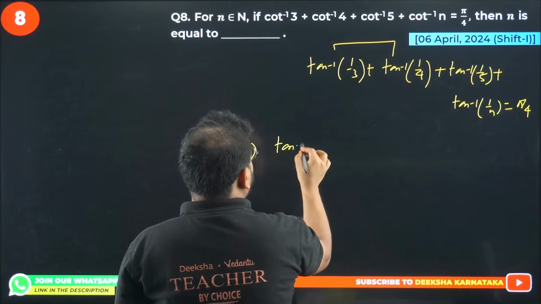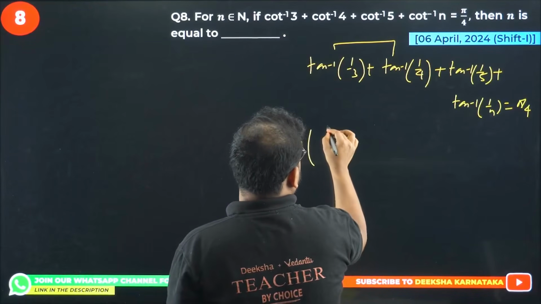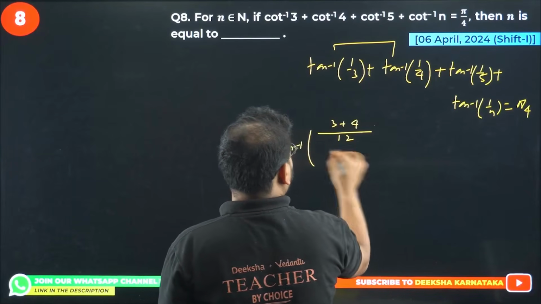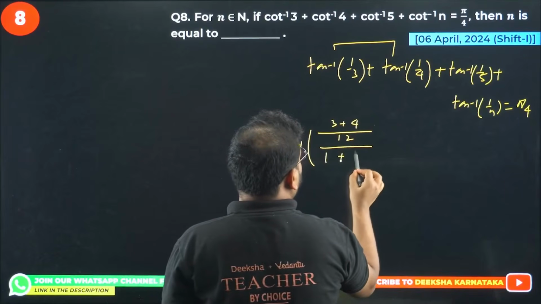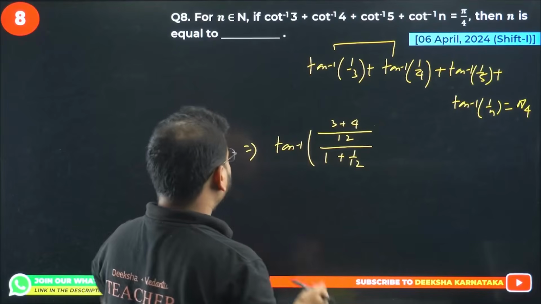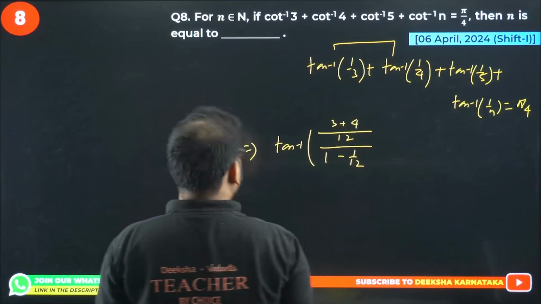So we get tan inverse of 1 by 3 plus 1 by 4, which will become 3 plus 4 over 12, divided by 1 minus 1 by 12.